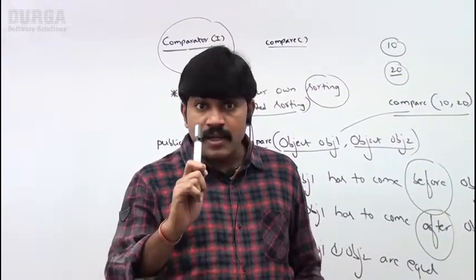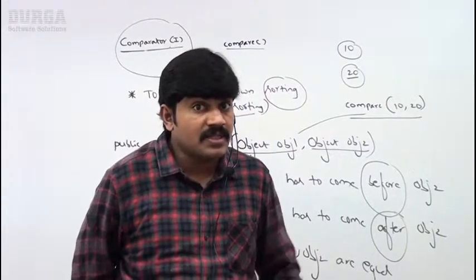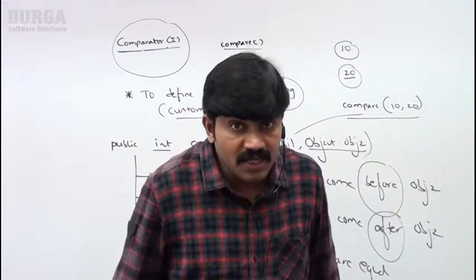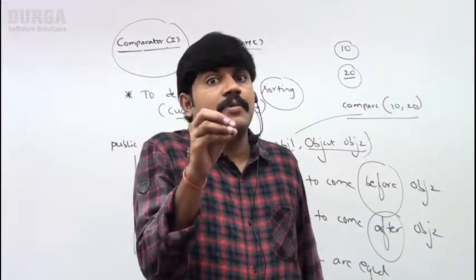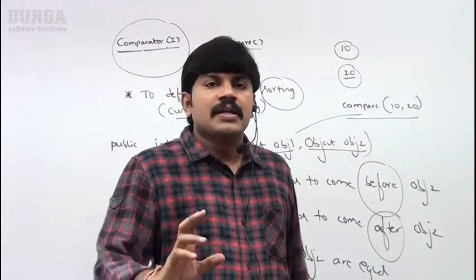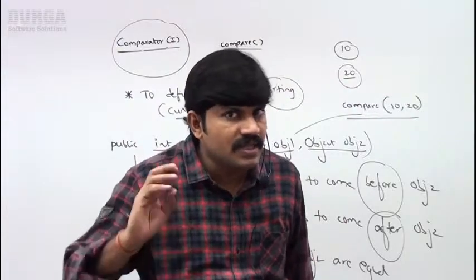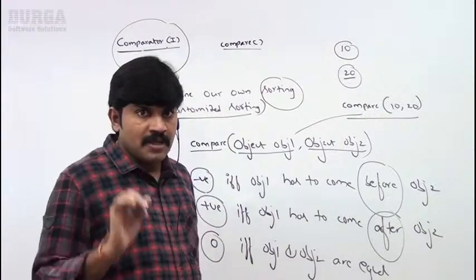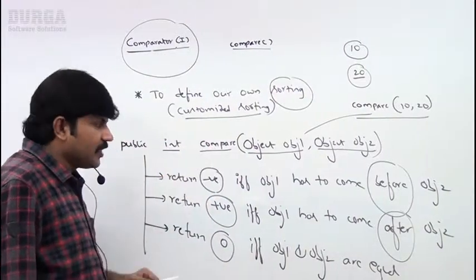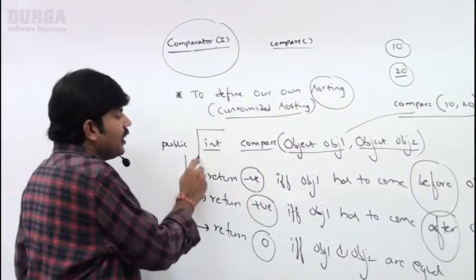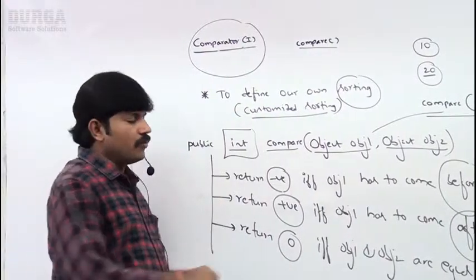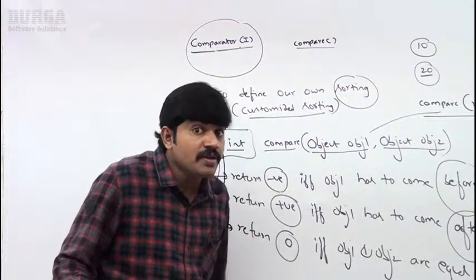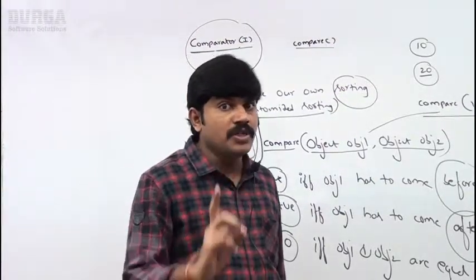First, I used comparator. The Comparator interface contains a single abstract method, the compare method. Because it contains a single abstract method, comparator is a functional interface. The compare method's return type is int. Return negative if and only if OBJ1 has to come before OBJ2.